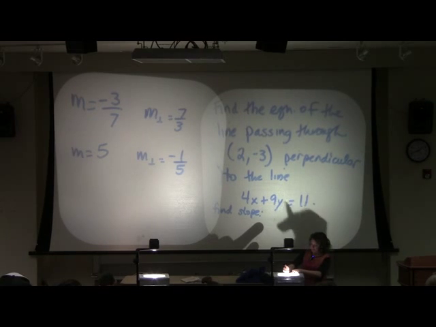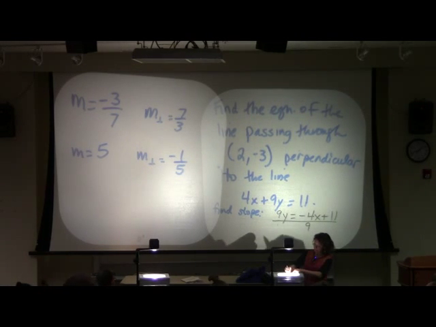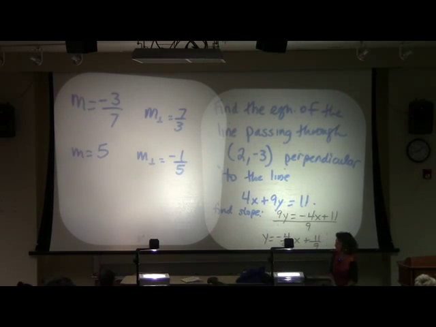So, if I solve this for y, do you agree I have 9y is -4x plus 11? Guys with me this far? All right, we divide everybody by 9. So I get y is -4/9 x plus 11/9.